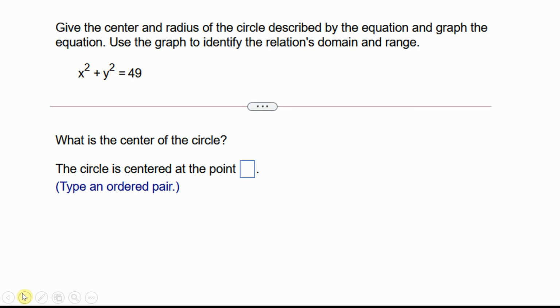So here, give the center and the radius, and then also graph this equation from their graph. So what's the center? What is the center?